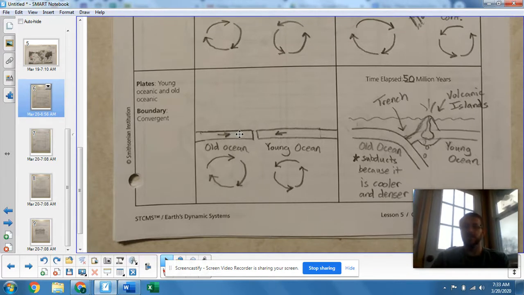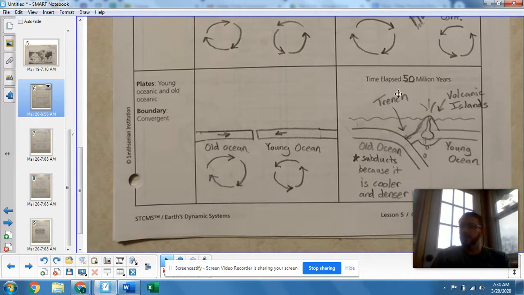If you have older crust that's farther from a ridge, it's going to be cooler. Cooler things are denser, just like these convection cells. The cooler magma sinks, the warmer magma rises. The same concept applies here. Old crust, because it's cooler, is going to be the one that goes under, the one that subducts.